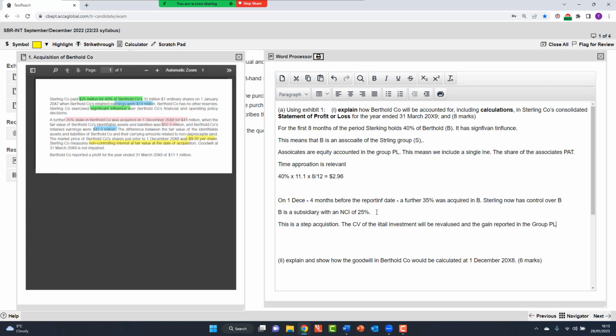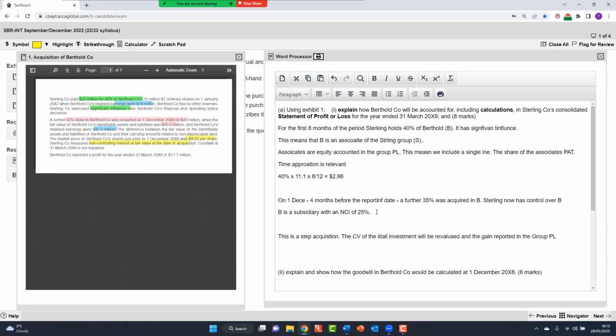It's a subsidiary of 25%. The results of the last 4 months will be acquisition accounting. Full consolidation. Line by line. Time apportionment.